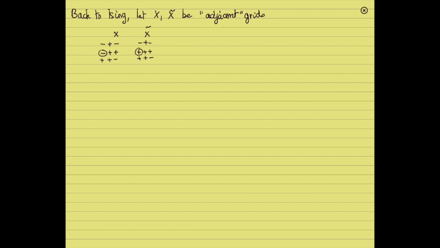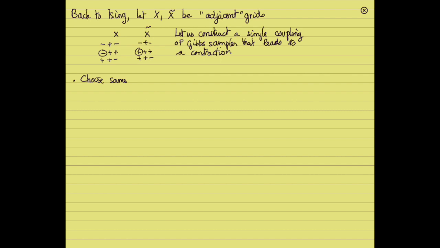So it's just one location where x and x tilde differ. And we're going to employ a very simple coupling strategy of our Gibbs sampler. And we will have to compute the contraction rates. So there will be a bit of calculations. But we will see that the result will be that the chains contract with a certain rate lambda strictly less than 1.